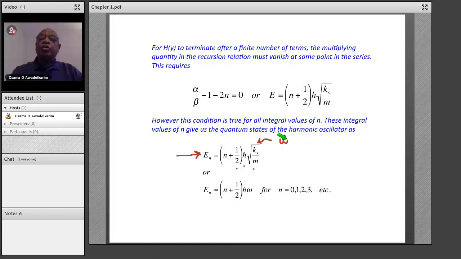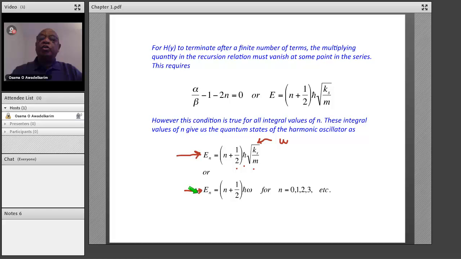So we can use that here and write that the energy of oscillations for this mass is quantized according to quantum mechanics. The energy of this mass can only take discrete, separated values.